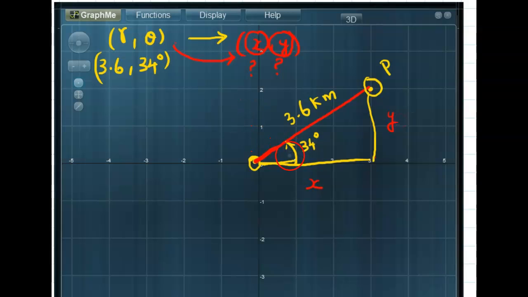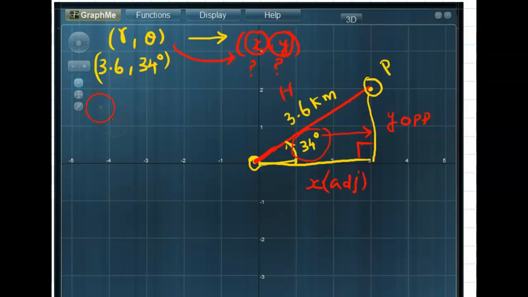Before I solve this problem, first I should locate the angle. Here is the angle, and opposite of this angle I write here opposite side, and the other side will be adjacent. And opposite of 90 degrees is always the hypotenuse.